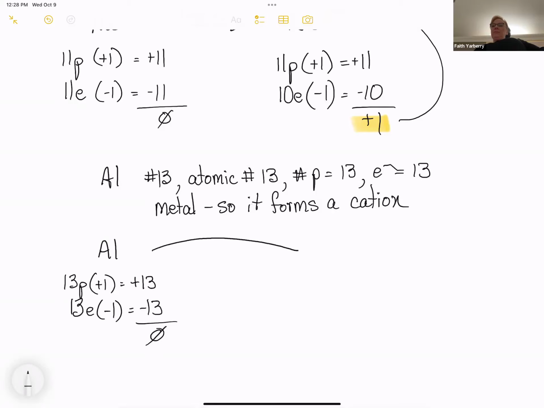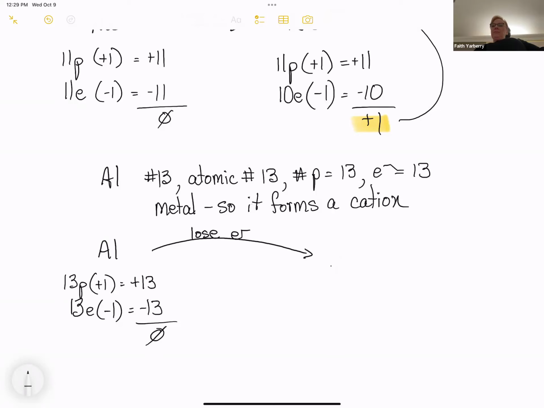Now we know aluminum forms a cation, so it has to lose electrons. What charge does it make? It makes a positive because it's a cation. But specifically, what charge does aluminum make? It makes a +3.